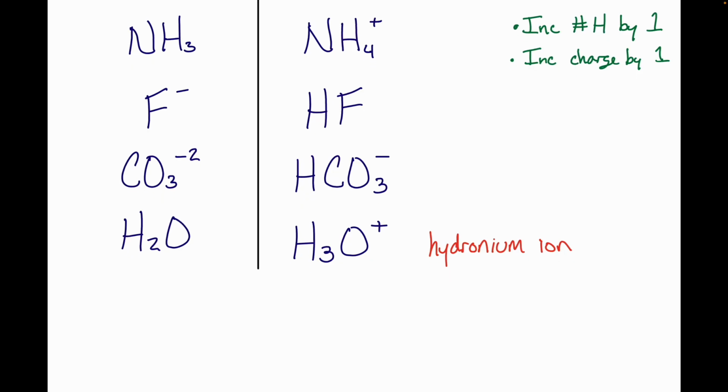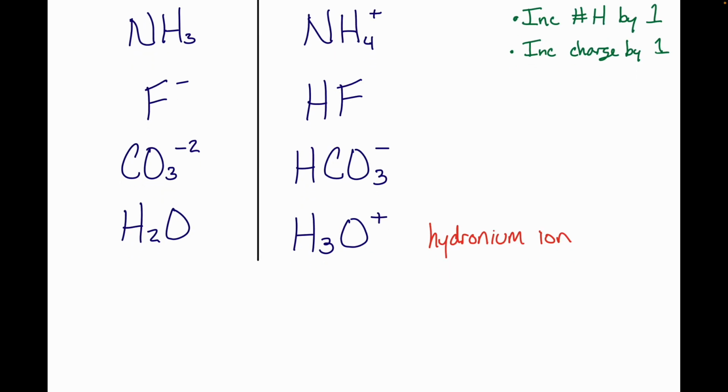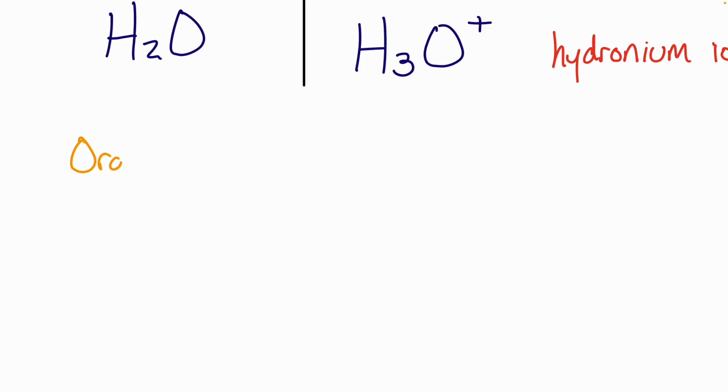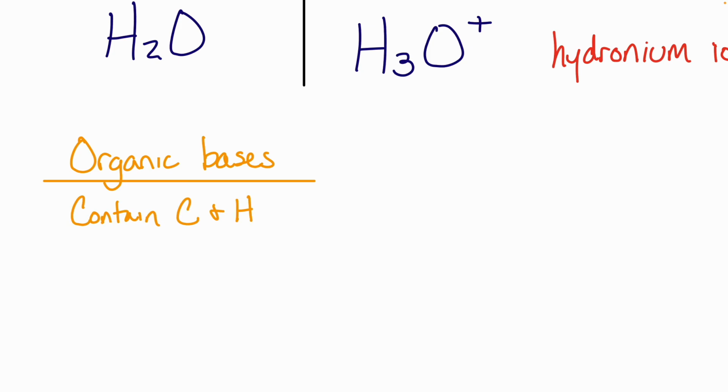We kind of already did an example here, but let me just note, I listed it at the front in some and at the back in another. So what's going on here? Again, these are our organic bases. Our organic bases contain carbons and hydrogens.